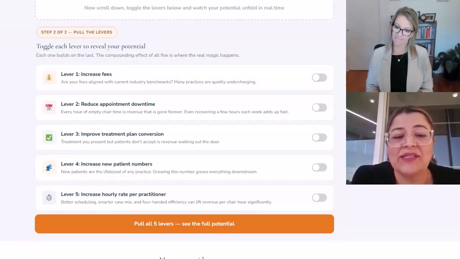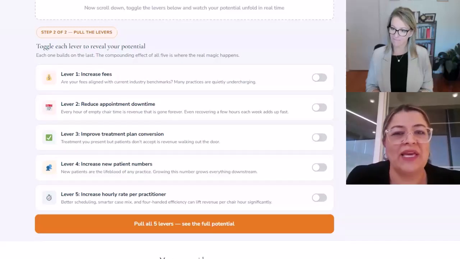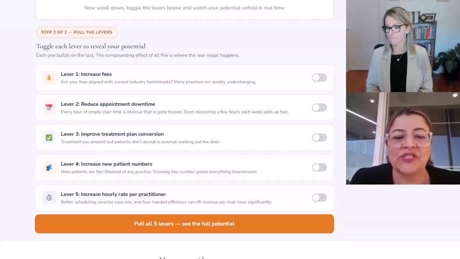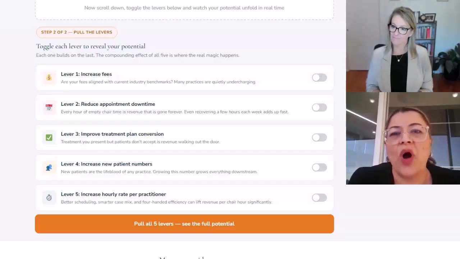And there are so many things that you can do to increase that hourly rate. So if we actually sit down, spend time, have a look at what everybody's doing, and then find out where we would actually like to be, then we can come up with some solutions for what that gap might look like. For example, it might be adding a couple of whitening appointments a week.